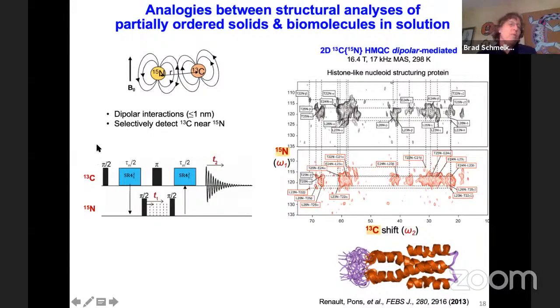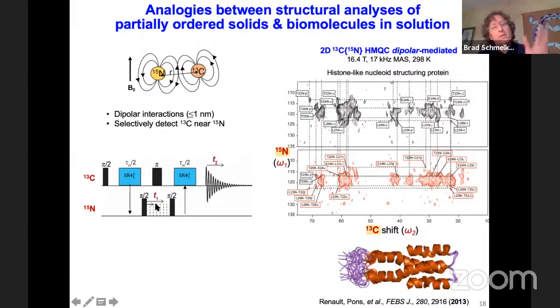The way that works is you excite the carbon-13 nuclei with a 90-degree pulse, but not the nitrogen. The carbon-13 atoms that are near the nitrogen-15 transfer their polarization, on the lower left here, to those nitrogens to which they are dipole coupled.